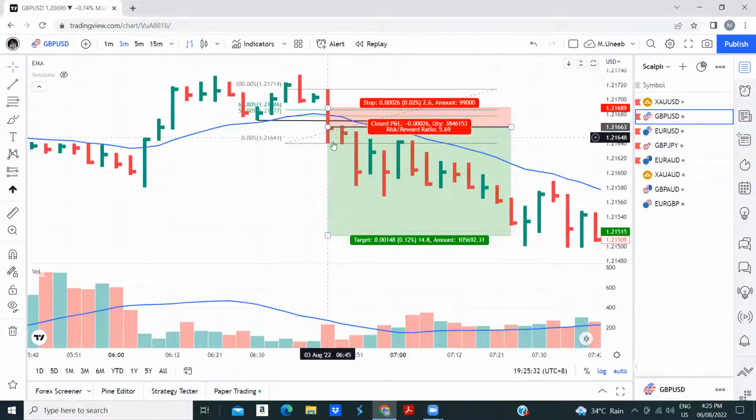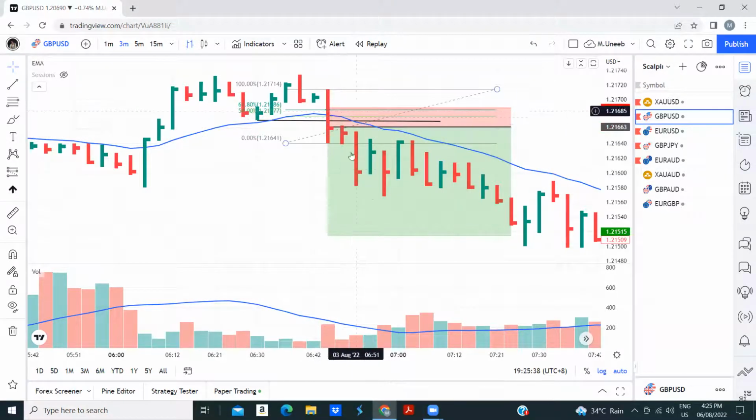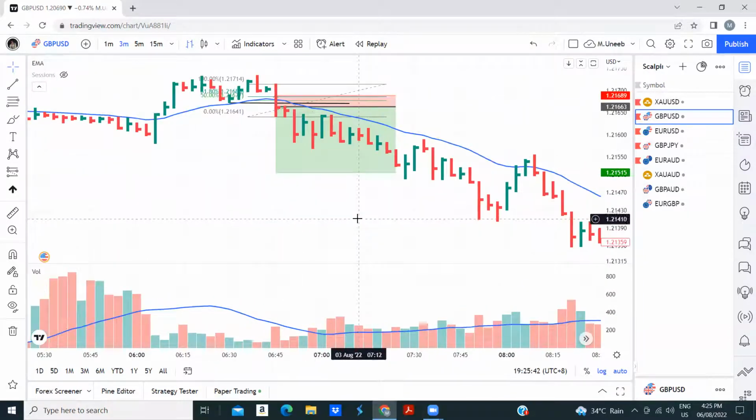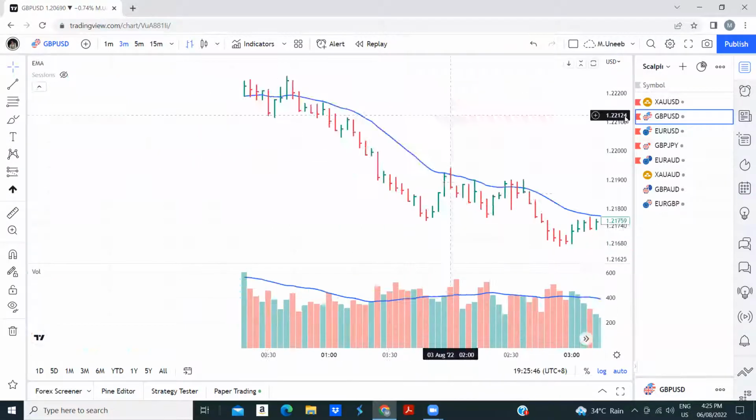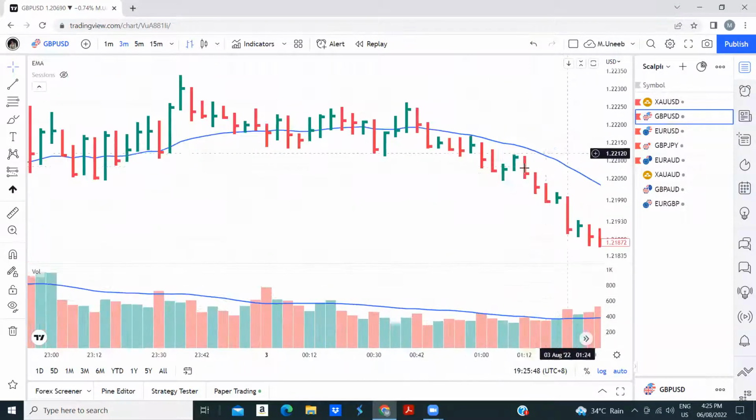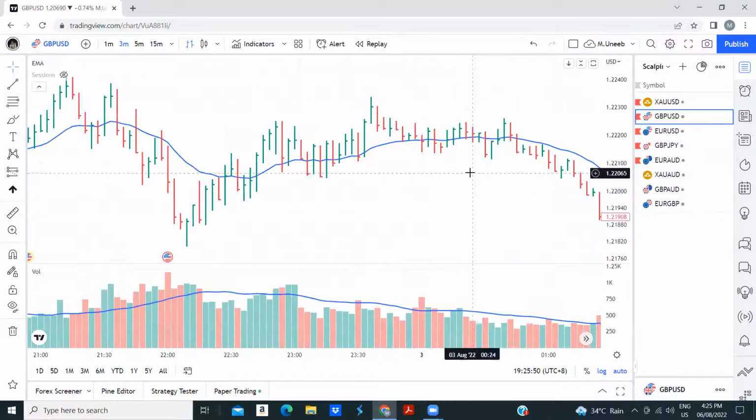Now you can enter right over here, make a Fibonacci tool, place your stop loss according to the Fibonacci rule, and then place your trade. Got it? Let me show you one more example now, then we will continue forward.